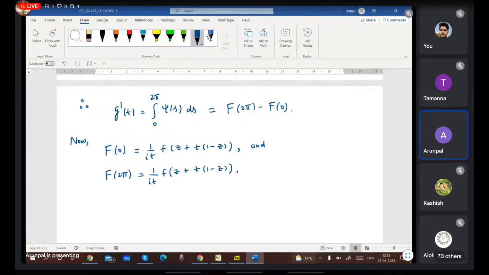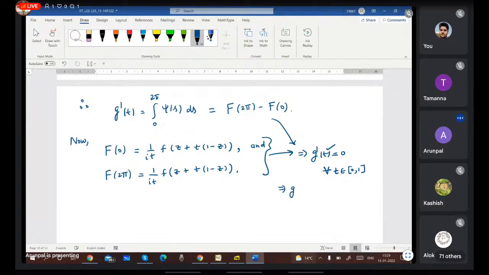And if it is so, combining this information, this implies that g dash t is equal to 0. And please, class, take note that this is for all t in the closed interval 0 1, because this t was any arbitrary t.